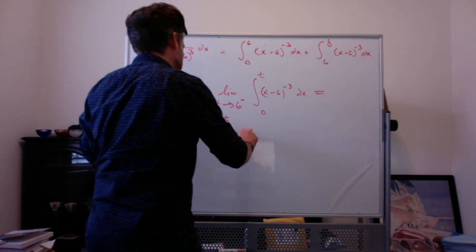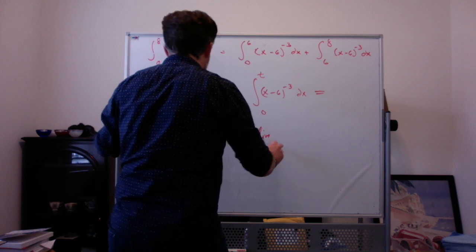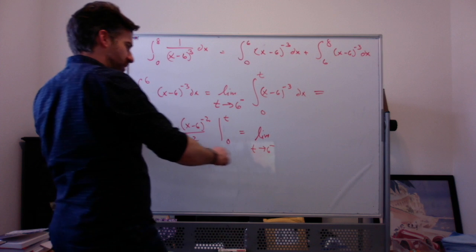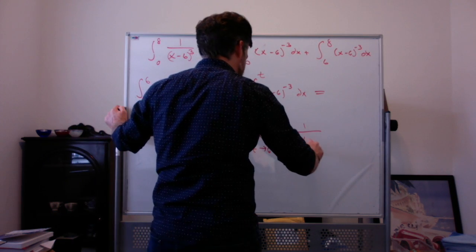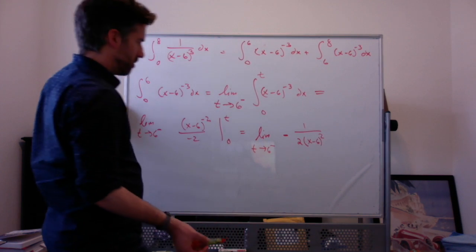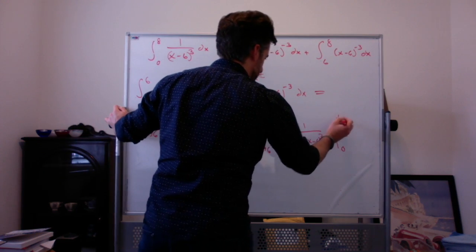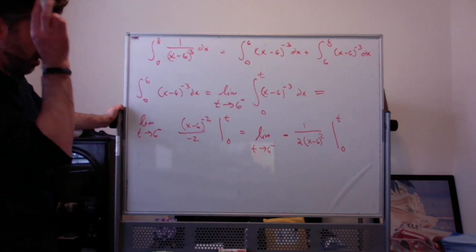So I would rather write this as the limit as t approaches 6 from the left of, since I don't like the negative sign on the bottom, I might write that in front: negative 1 over 2 times (x minus 6) to the positive second power, from 0 to t. The 2 doesn't come up on top, just the 2 stays on the bottom. The negative can either go on top or out in front.